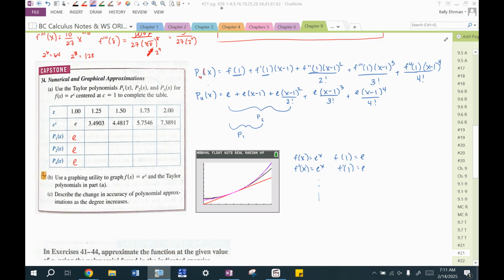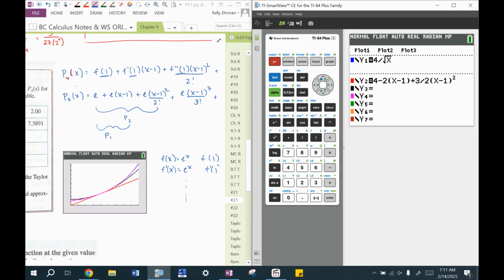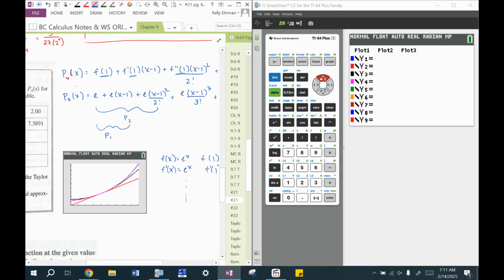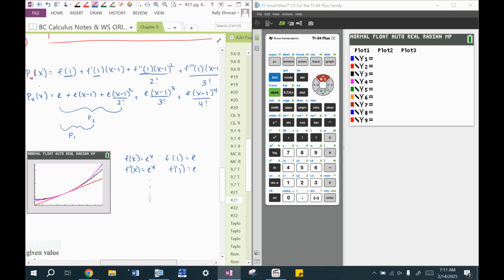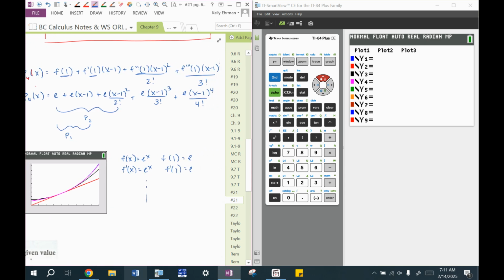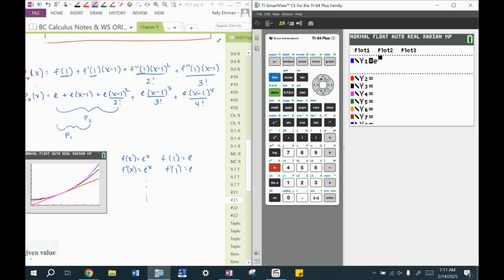So over to my calculator. The reason I started with P4 is because that'll be the longest one to type in, and then I can just delete stuff for the other 2. So let's go ahead and get this thing typed out for P4. Actually, for the first function, let's just do our e to the x because that's what we're comparing it to. So e to the x.